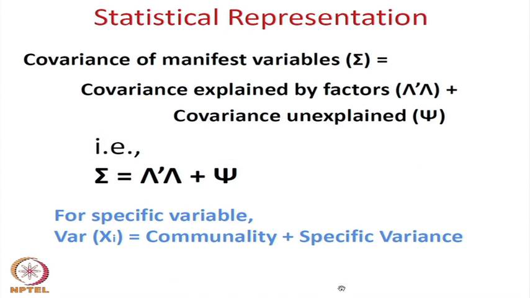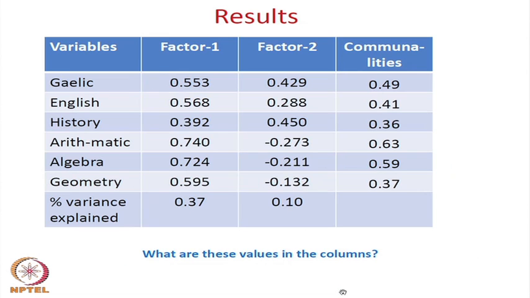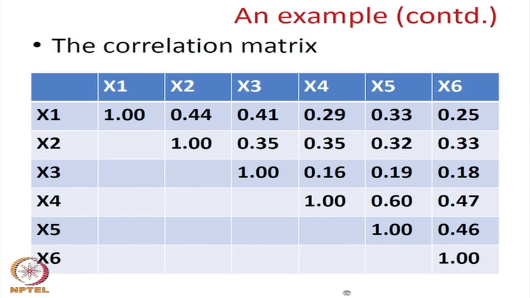Here I want to tell you one example that is taken from the Johnson and Wichern book. Last class we discussed that 0.44, 0.35, 0.41, 0.35 are basically correlation coefficient values which are more than 0.3.